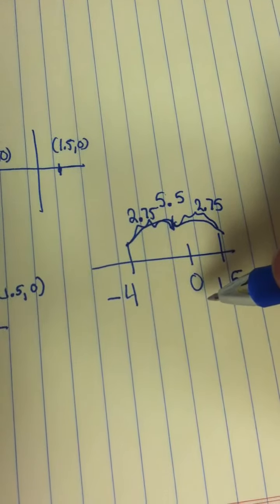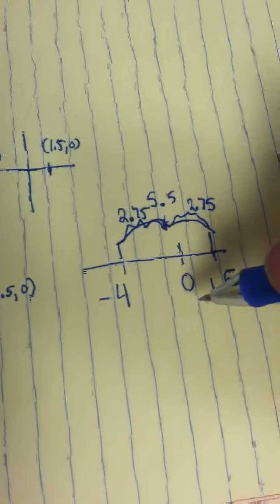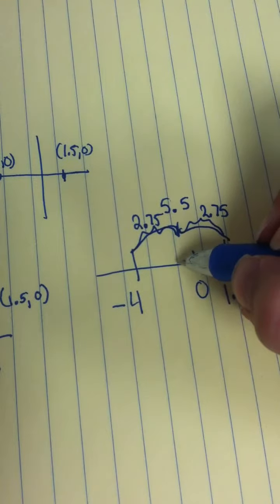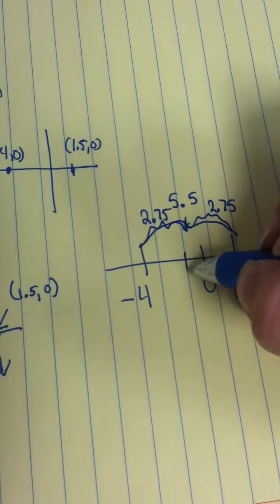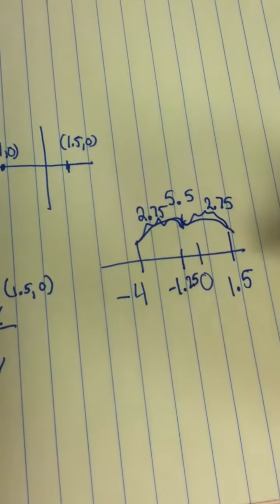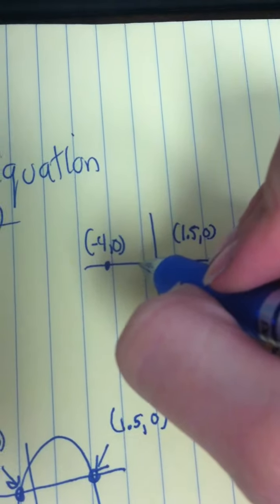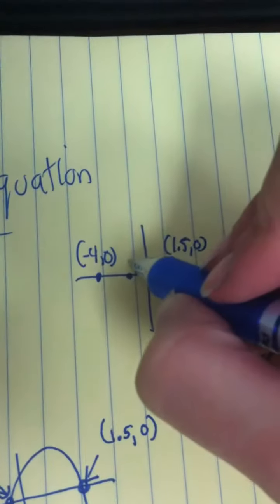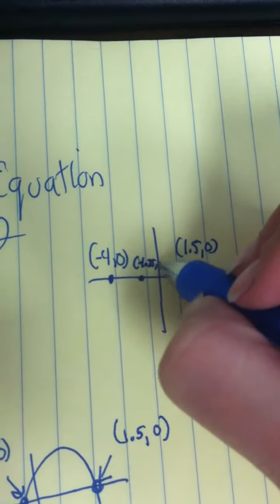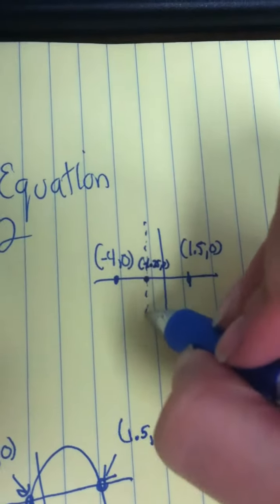Well, 2 spots in front of negative 4 is negative 2. And if we go another 0.75, we're going to be at negative 1.25. So if we look up here, we need to have our other points at negative 1.25, 0. And that's where our line of symmetry is going to go.